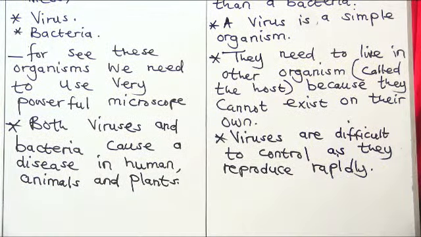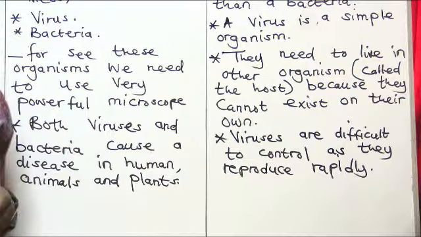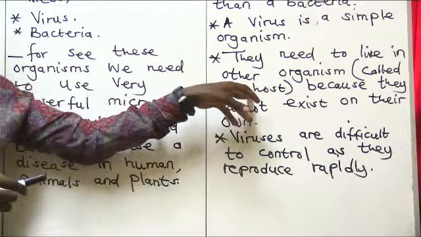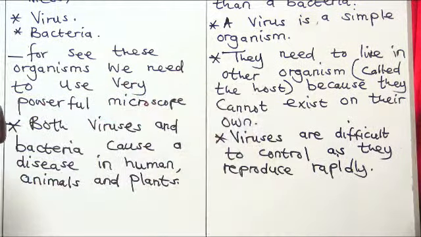That's why when this virus attacks the body, it becomes difficult to control because they produce faster. And when they produce faster, that means they also move faster in the body, and that's why they affect the body badly. It's because of their characteristics.